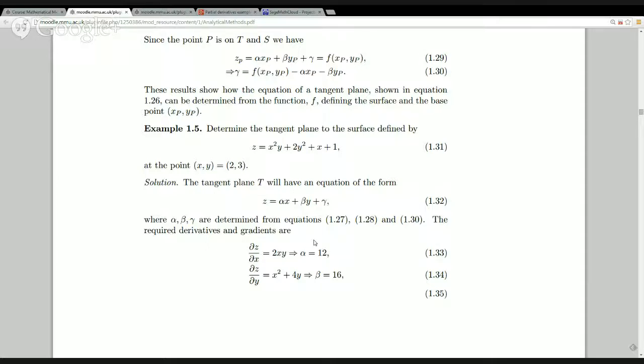The curved one is this curved sheet running here. That's the surface defined by this function, which is x squared y plus 2y squared plus x plus 1. That's the function that was in that example. And then this straight plane is the tangent plane.